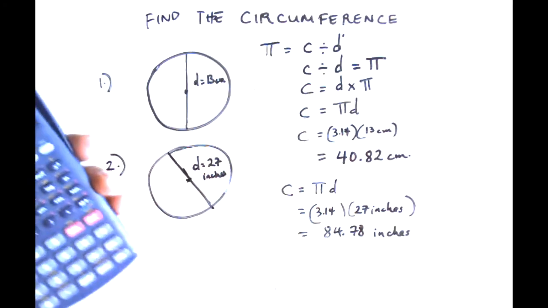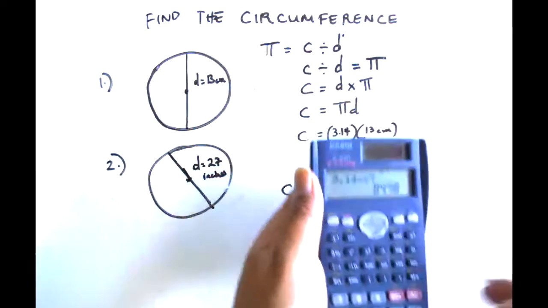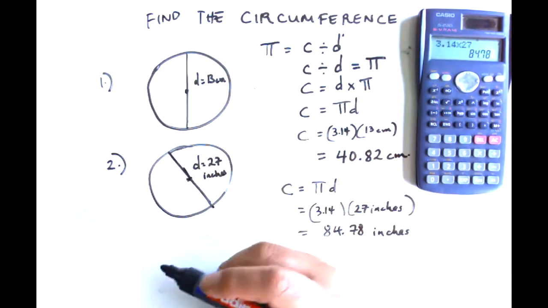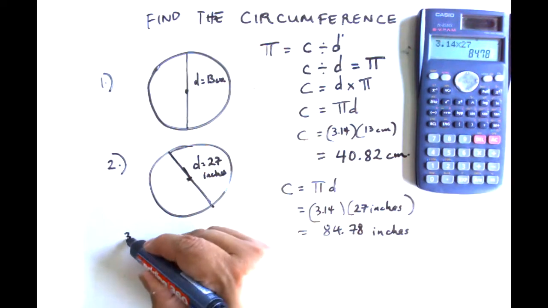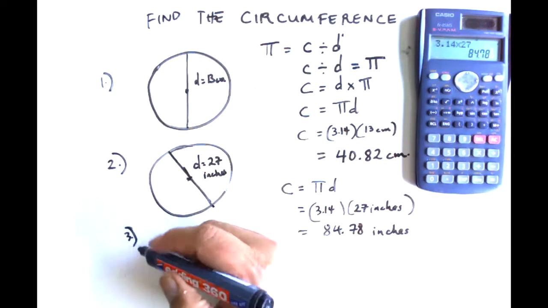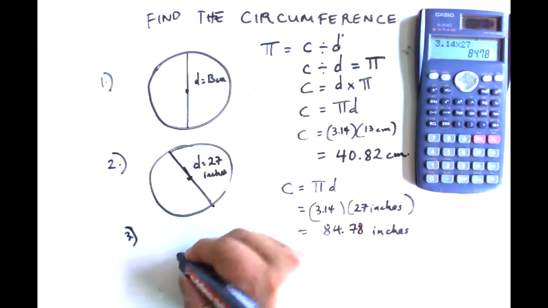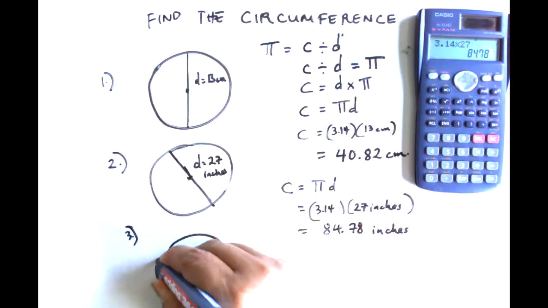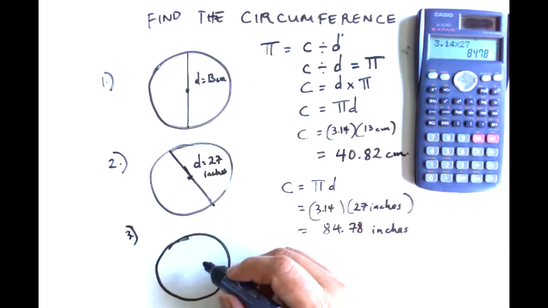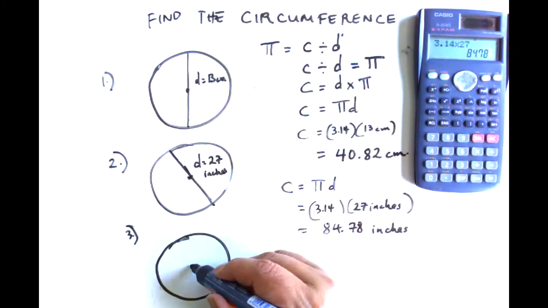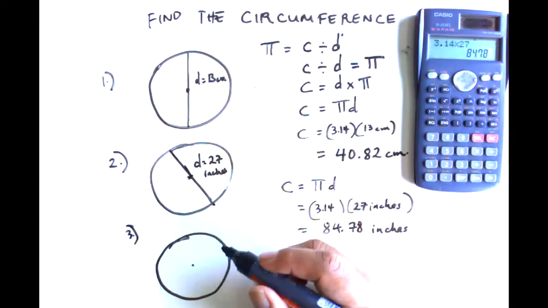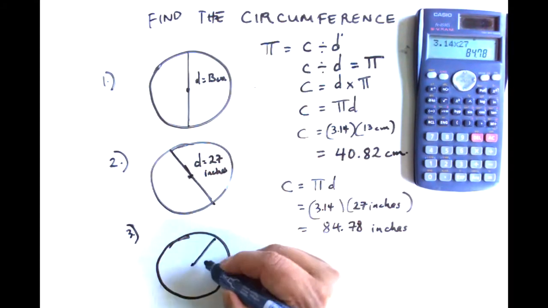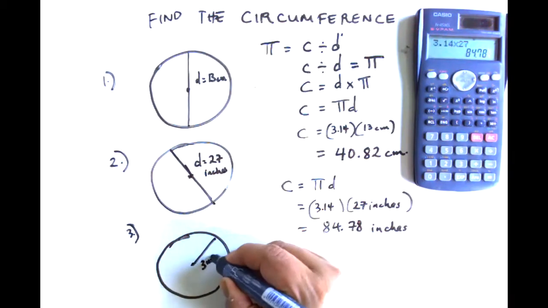Now, the last question is quite straightforward, but it will be good to still do them. So the last question that I gave you from yesterday is, what is the length of the circle, or what's the perimeter of the circle, otherwise known as the circumference, if you have a radius of 3 mm.